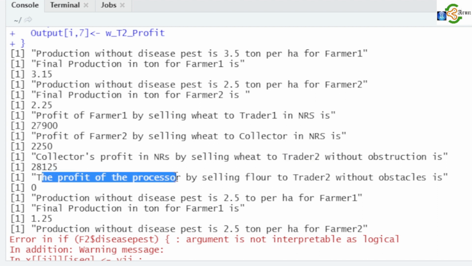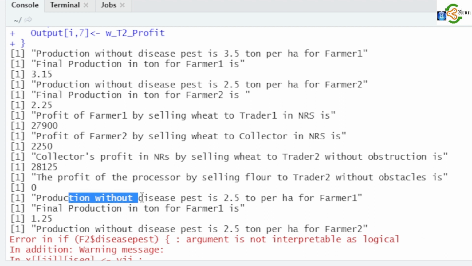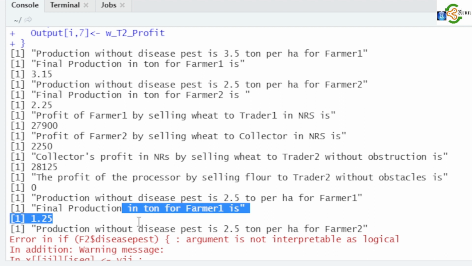Profit of the processor is 0 because nobody sold wheat to the processor. And the production is this much. So this will show how much profit is generated by each actor.